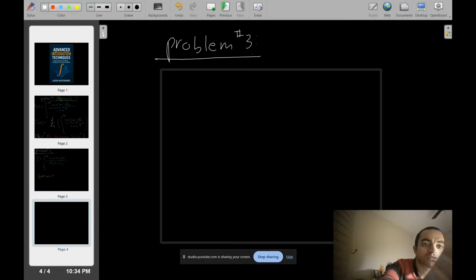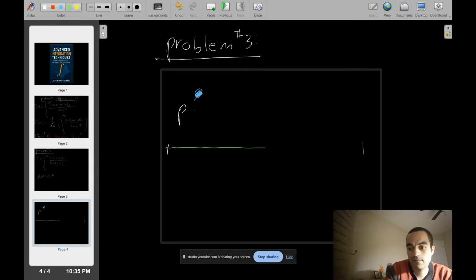So let's say we have a particle here. Here's my particle P. Okay, I have my particle P. And we know it moves in one dimension. Right, it moves in one dimension. So let's say we have something like this. Okay. Just so that's going in one direction, in one dimension. And this particle has a velocity v.